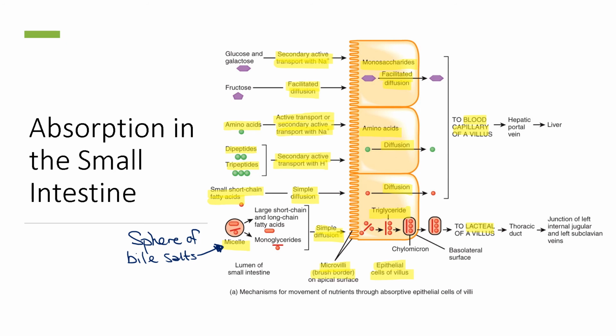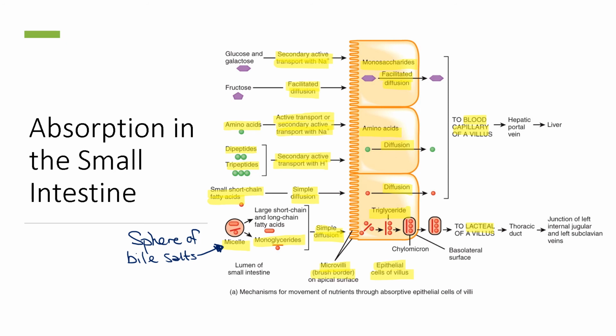Now, once inside the absorptive cells, the long-chain fatty acids and even some of these monoglycerides are going to be recombined to form the triglycerides. So here we have a glyceride molecule with three fatty acids. A single glyceride and three fatty acids makes a triglyceride.